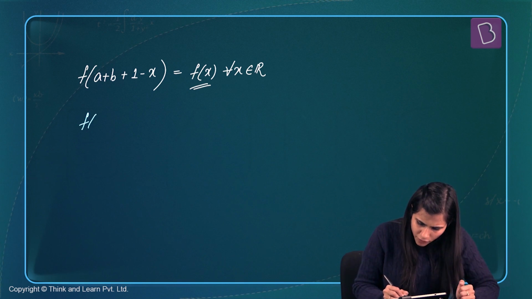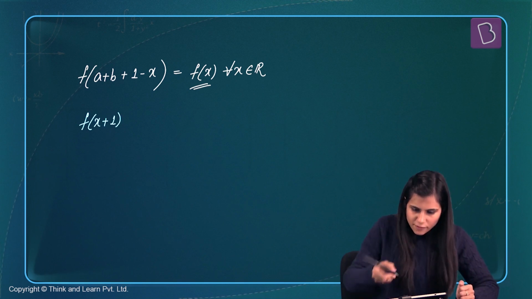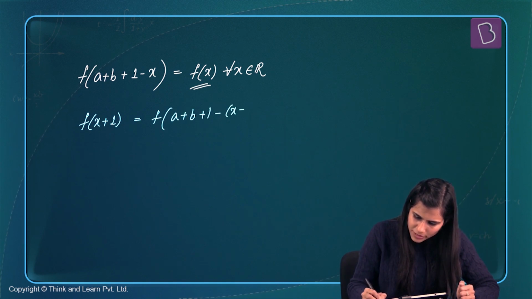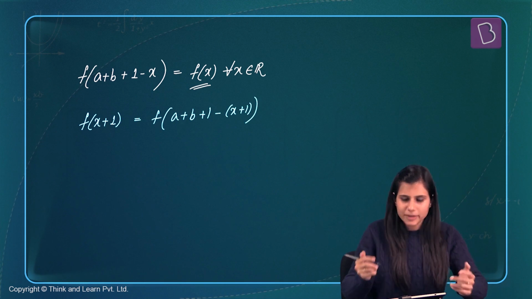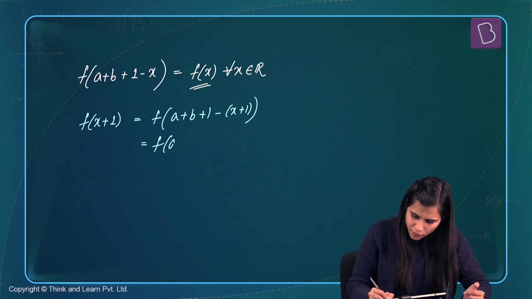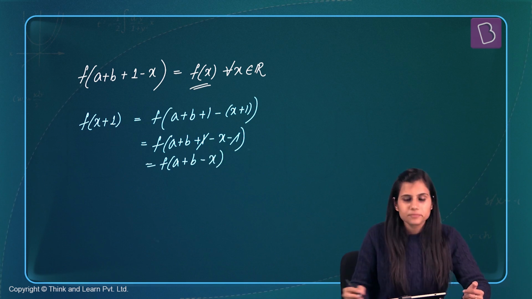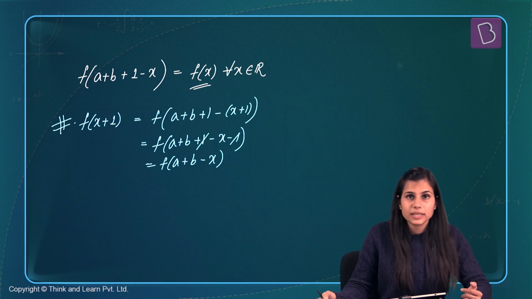So if I talk about f of x plus 1, if f of x is this, f of x plus 1 will be what? f of a plus b plus 1 minus of x plus 1. I just replaced x by x plus 1. So this becomes f of a plus b plus 1 minus x minus 1. This gets cancelled out and you are left with f of a plus b minus x. That was the bingo step in here.